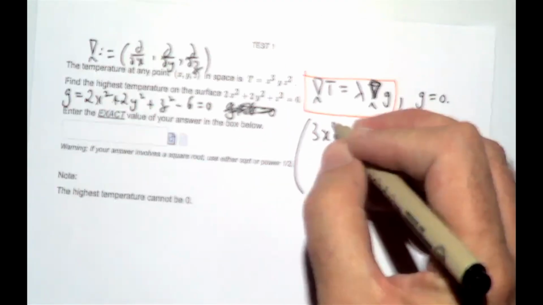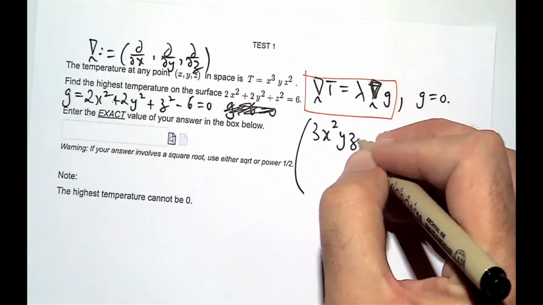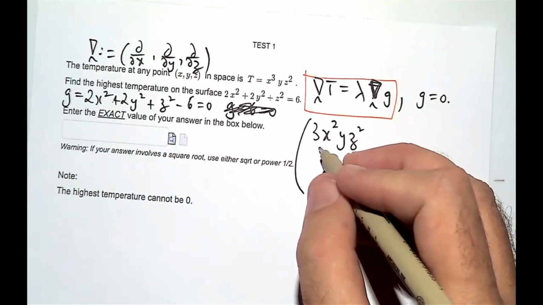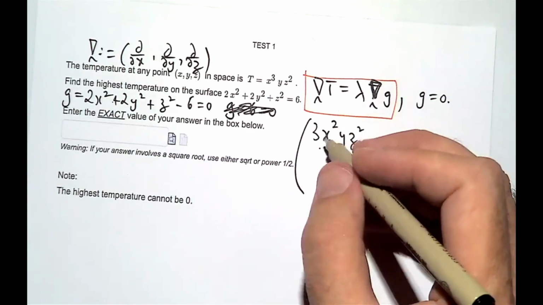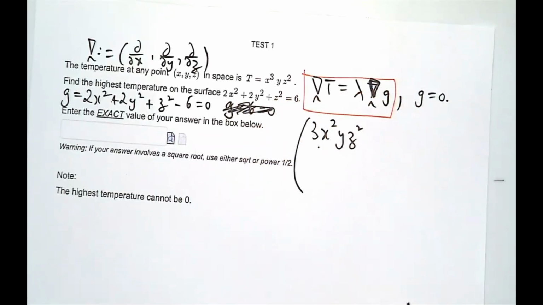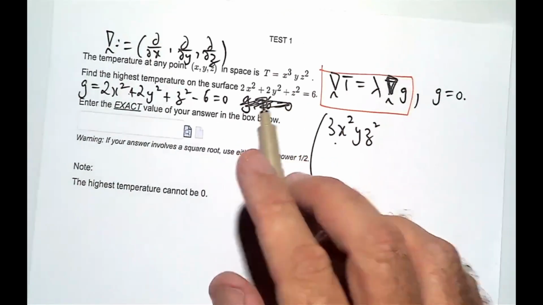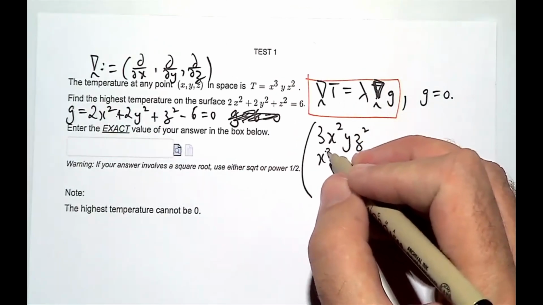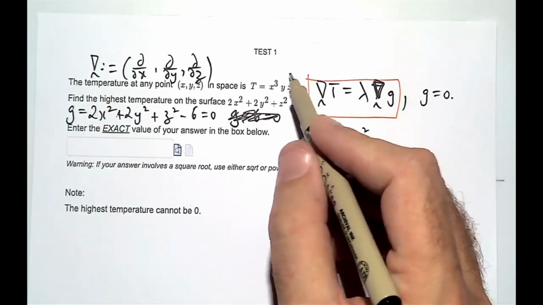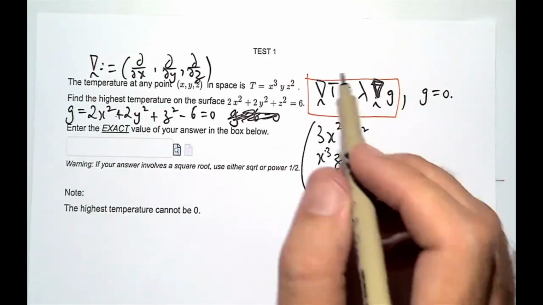So the first one is going to be that. The second one's going to be something like y going to 1, so x cubed y squared, z squared. And the last one with respect to z is going to be 2, and then that's going to become z.